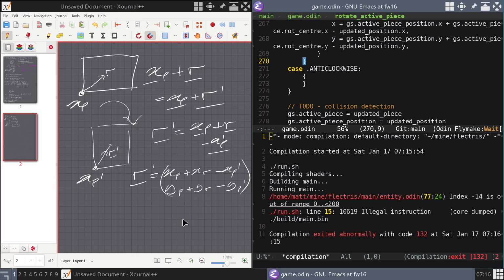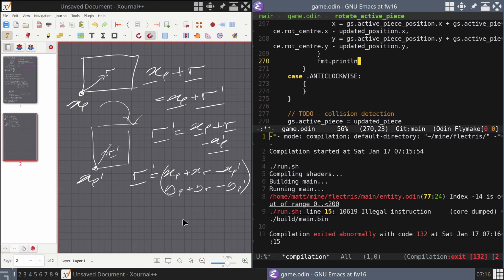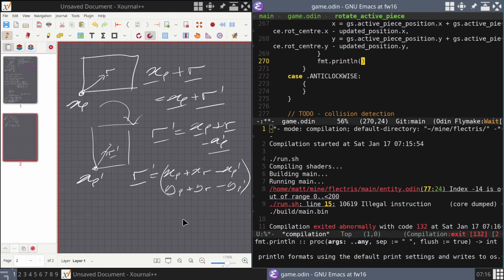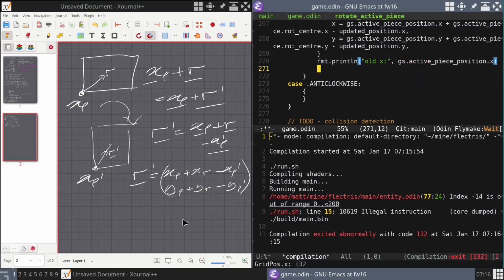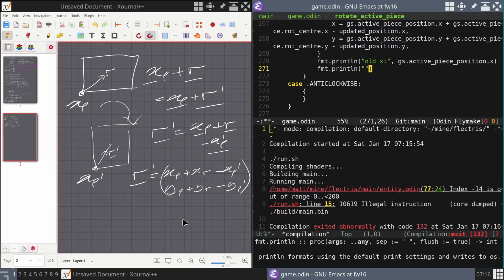I think it's worth us printing some values just to check. We're going to have old x. I kind of want to check explicitly that things are looking right. So old x will be equal to game state active piece position x, format print line.